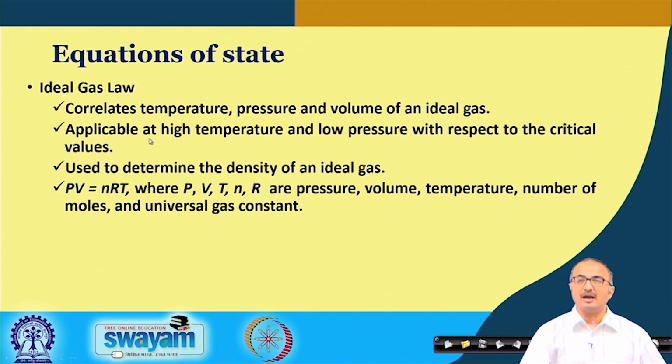Ideal gas may be assumed when the gas is at high temperature and low pressure, and perhaps you are also aware of the various assumptions made for ideal gases which are there in our school day textbooks. Now, this kind of equation of state is often used to find the density of the ideal gas, and here we have the particular equation PV = nRT with the various notations.